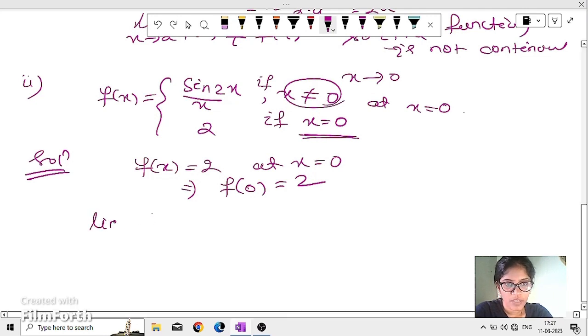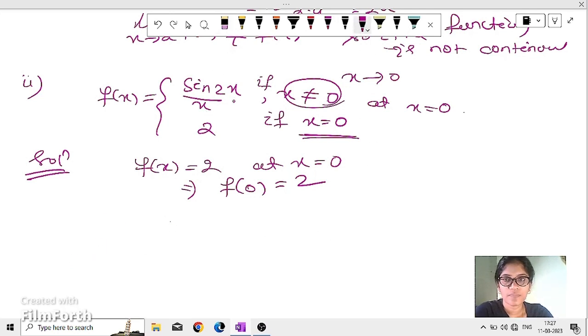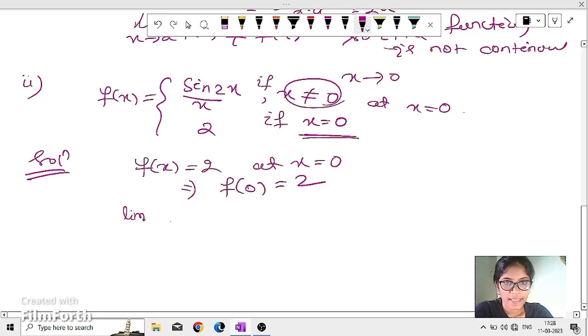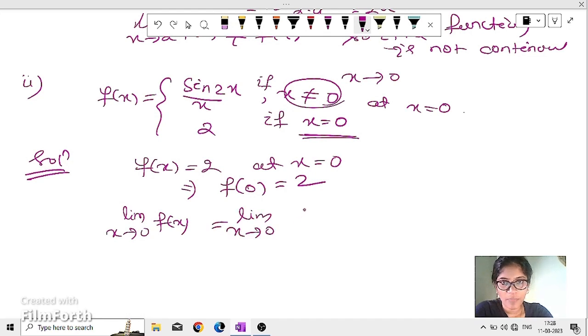Then we put the limit value: limit x tends to 0 f of x, which equals limit x tends to 0 sin 2x by x.